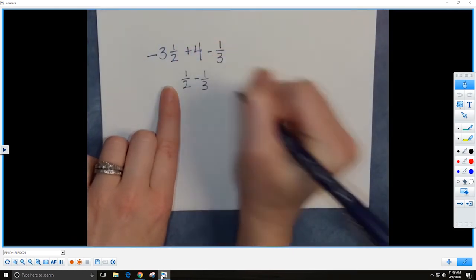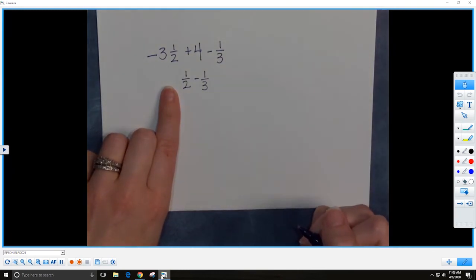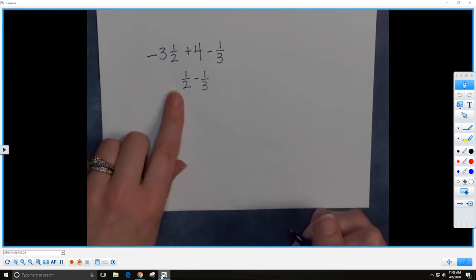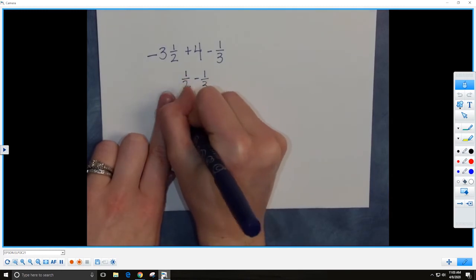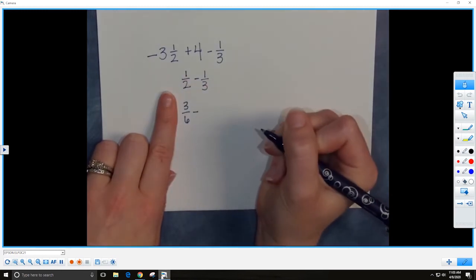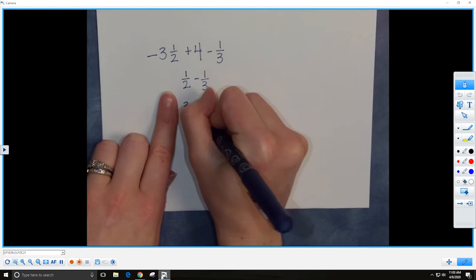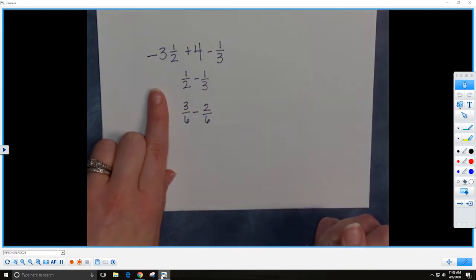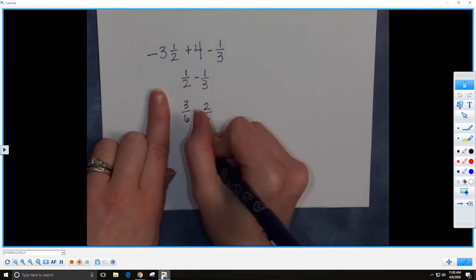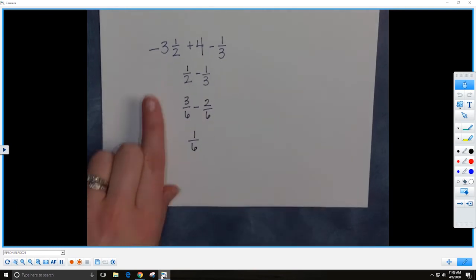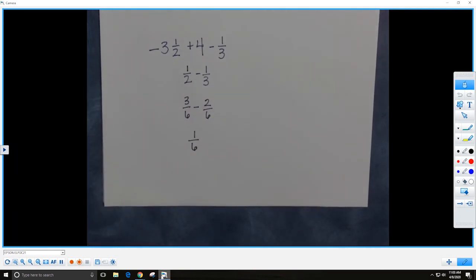So now we have 1/2 minus 1/3. We need a common denominator. 1/2 is the same as 3/6, and 1/3 is the same as 2/6. 3/6 take away 2/6 is 1/6. Did you get that too? Great. Let's try another.